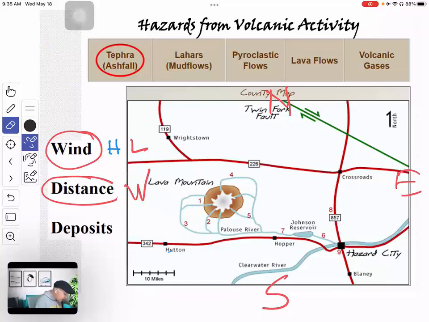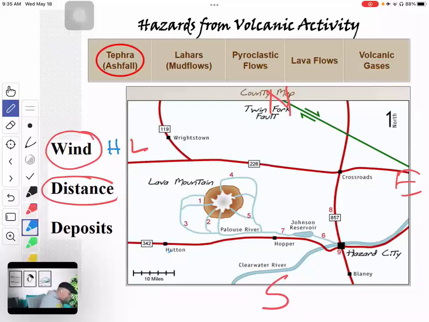So pretty much everywhere in that map is going to be within that range. So it's going to be high in terms of distance. It's going to be high for everybody. So all the communities get an assessment of high because they all are within the range of the volcano.